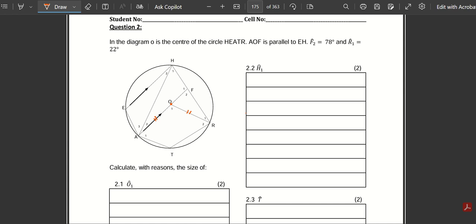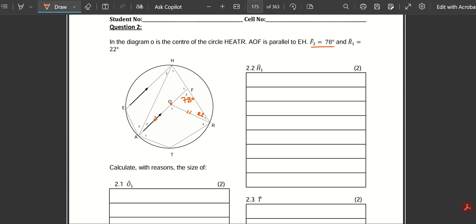That's good, it's indicated, and F2 is equals to 78. Now, whenever you are given information like that and it's not on the sketch, please go put it into the sketch for yourself. And then R1 is this one, is equals to 22 degrees.